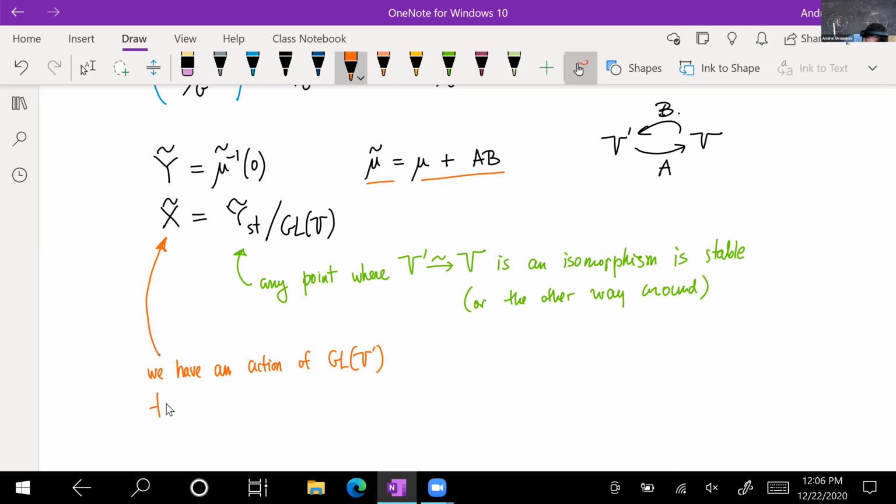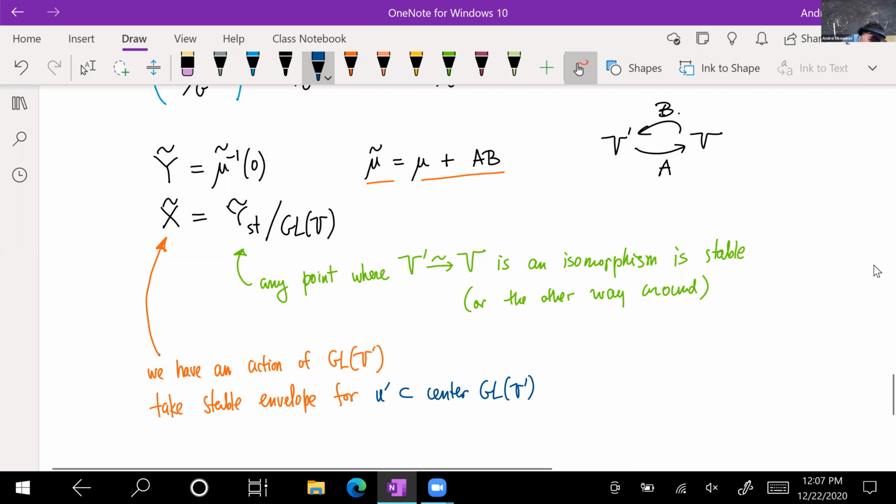For this action, we take the stable envelope for this U prime, which is a subgroup in the center of GLV prime.